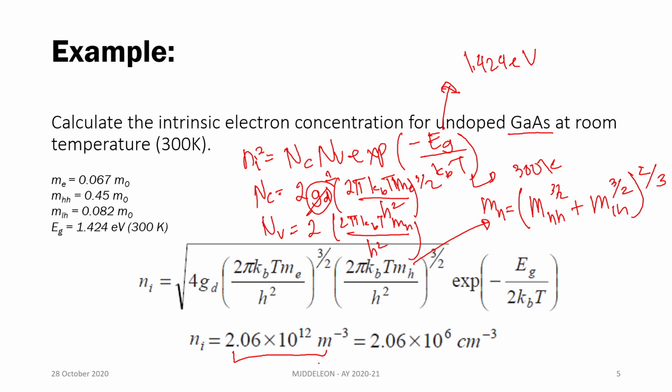Here, we see the electron concentration is about 2.06 times 10 to the 6. It's really low. So we can see that semiconductors are really poor conductors of electricity in their intrinsic form, because the concentration of electrons is low, so only a few can carry our electric charge for current or for electricity. Then they become bad conductors of electricity in their undoped form.